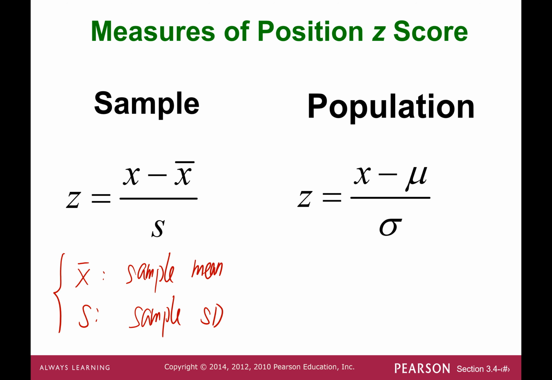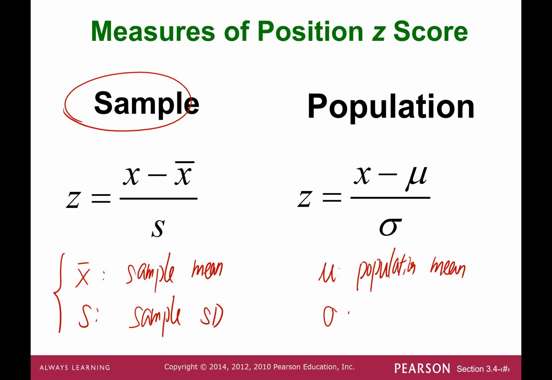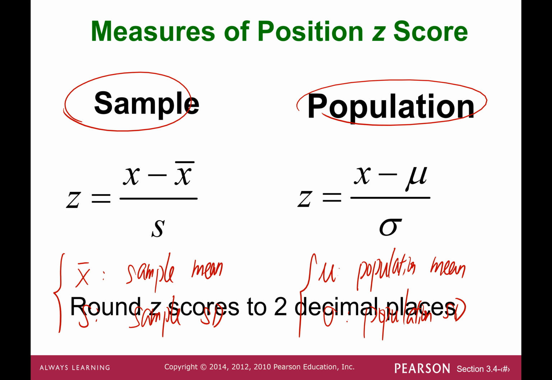For the population, use the data value minus the population mean mu, where mu represents the population mean, over sigma, which represents the population standard deviation. Find the quotient, and you get a z-score for the population. Always round the z-score to 2 decimal places. It's a convention, and you'll see why we do that in chapter 6.